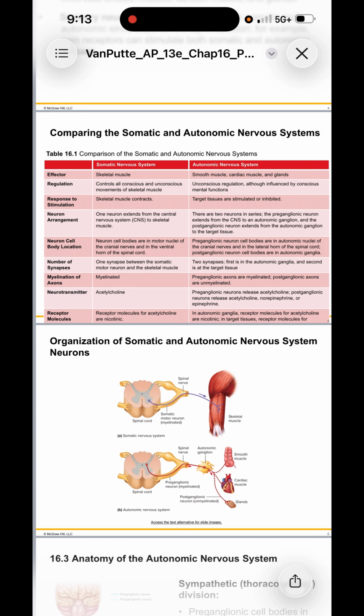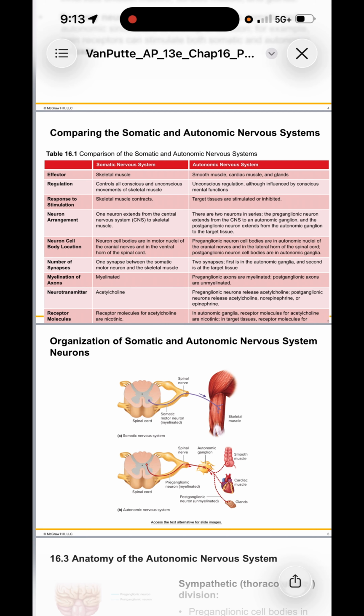Number of synapses. Somatic nervous system, one synapse between the somatic motor neuron and the skeletal muscle. Autonomic nervous system, two synapses. First is in the autonomic ganglia and second is at the target tissue. Myelination of axons. Somatic nervous system, myelinated.